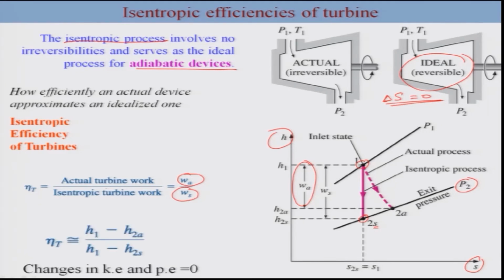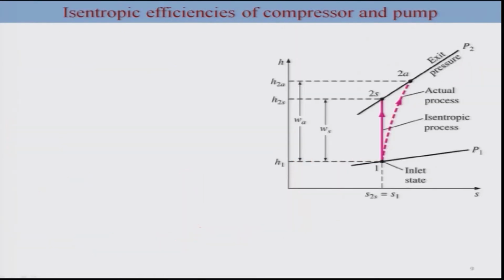Okay, so we can write this in terms of enthalpy change. So for the case of isentropic, it will be simply H1 minus H2S for your WS, and this is going to be for the actual. Okay, that will be H1 minus H2A. Okay. So that is how we are going to find out the isentropic efficiency of turbine. Similarly, you can also find out the isentropic efficiency for compressor and pump.